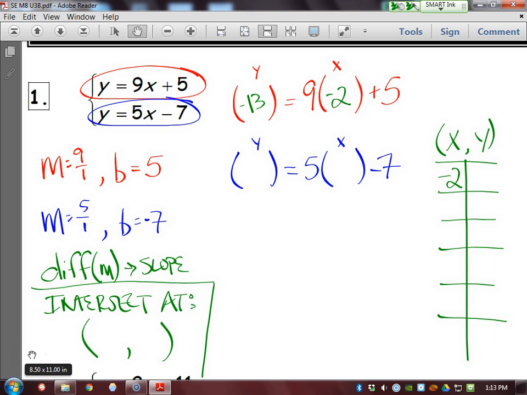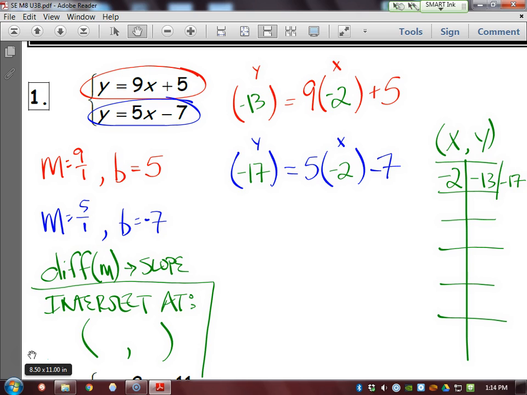Okay. And then the next one, so we're going to use the same x, so we have -2. So let's 5 times -2, what is that? -10, and then we also have 7 more in the minus direction. So we get to -17. So we have -13 and -17.